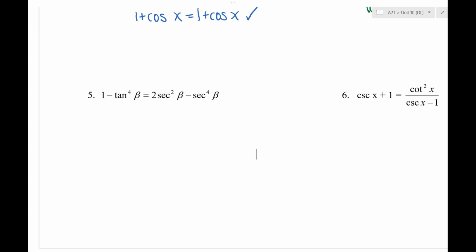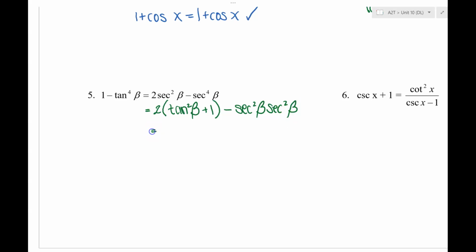Okay, so then I know I'm going to put 2 secant squared beta is the same as tangent squared beta plus 1, okay, minus, oh man, secant to the 4th. Okay, so then that's going to be secant squared beta times secant squared beta.